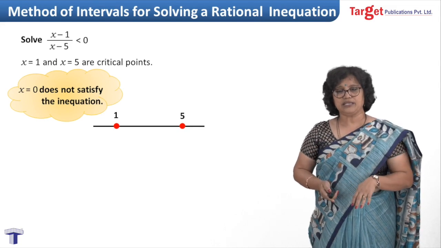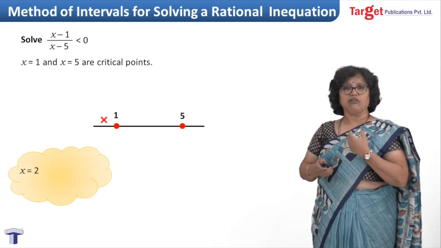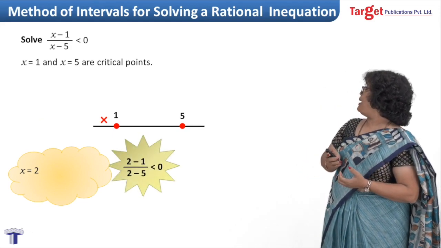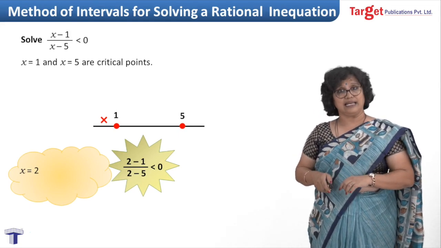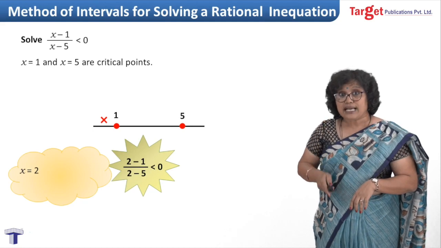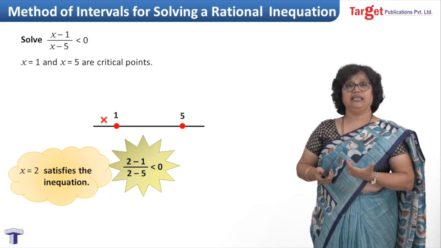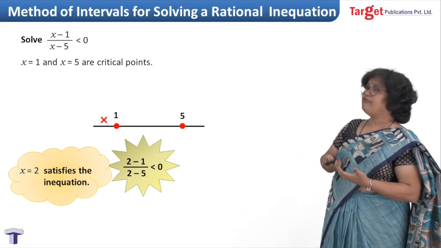Now if I take a point between 1 and 5, say x equal to 2, and substitute, what will I find? (2 minus 1) upon (2 minus 5), which is 1 upon minus 3, meaning it is less than 0. So if x equal to 2 has satisfied the inequation, it will happen not only for 2 but for all the points between 1 and 5.